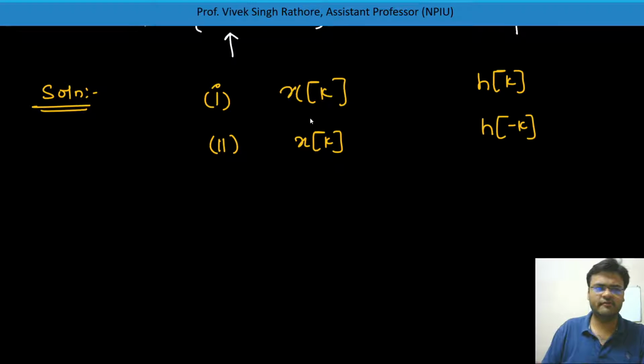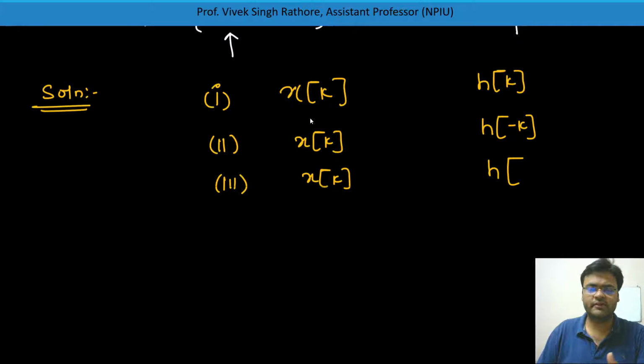H of minus k, we will just do a time reversal. Then the third step will be x of k and h of minus k plus n, so we do h of minus k minus n, which comes as h of minus k plus n, right?